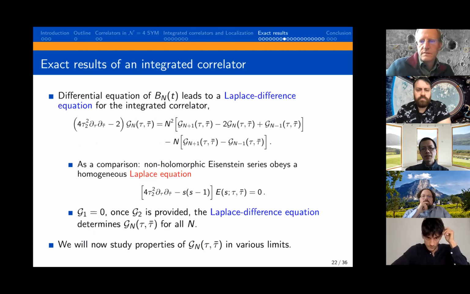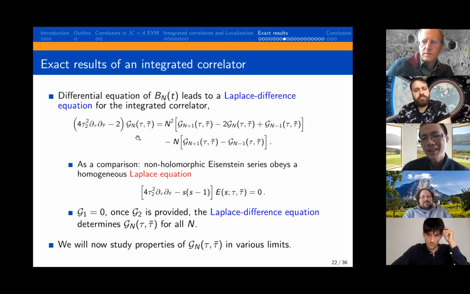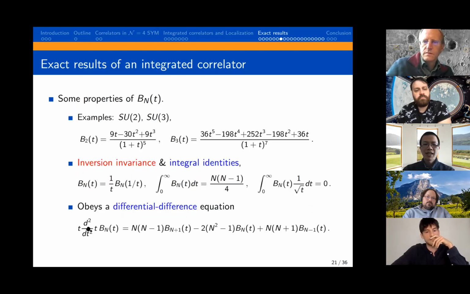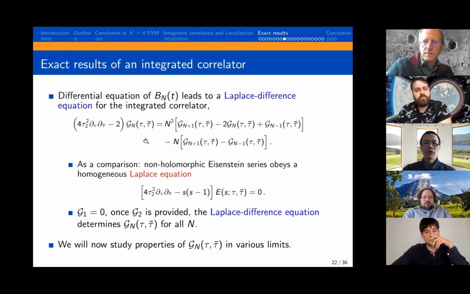Because using this differential equation for B, by integrating by parts, you can convert it into a differential equation for G, the correlator, or precisely the integrated correlator. It's not difficult to check. I just claim that once you do the integration by parts, you will find that the integrated correlator obeys, I think, a very simple Laplace difference equation.